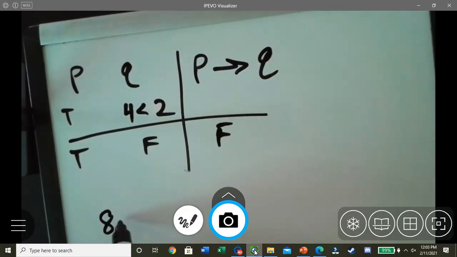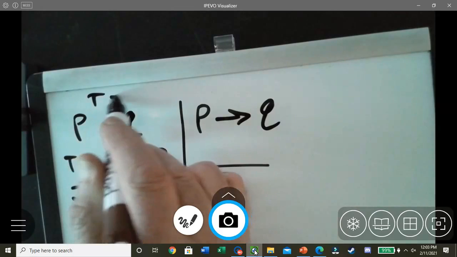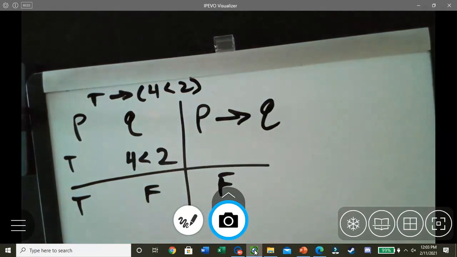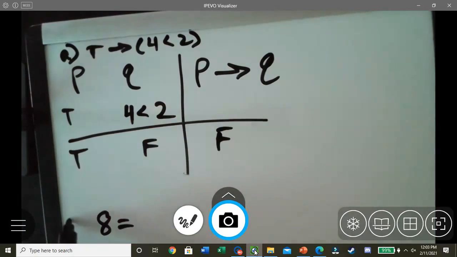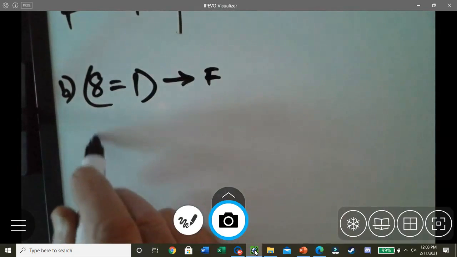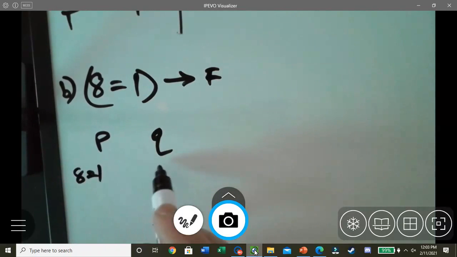So the next one, 8. So this was true. If true, then 4 is less than 2. That was A. B, we're saying 8 equals 1. If 8 equals 1, then false. So P is 8 equals 1.